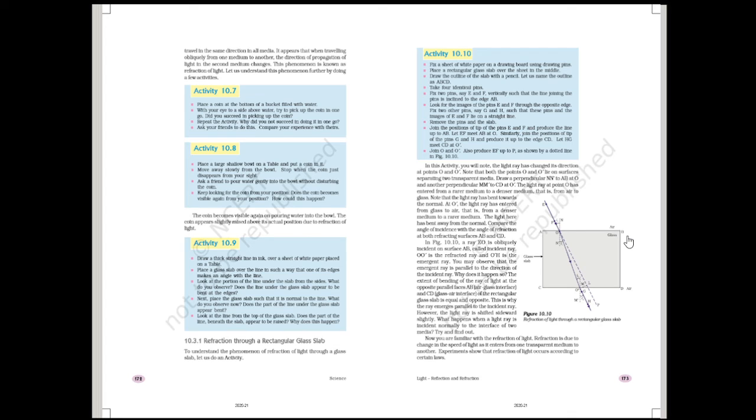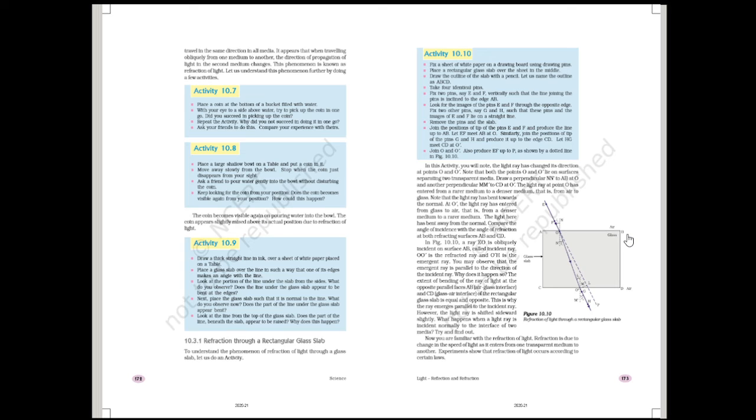That means the light is covering it. Now mark these two points which you have fixed, G and H, and remove all the pins. Now draw a line through G and H that meets the edge CD of the glass slab, intersecting it at a point O dash.